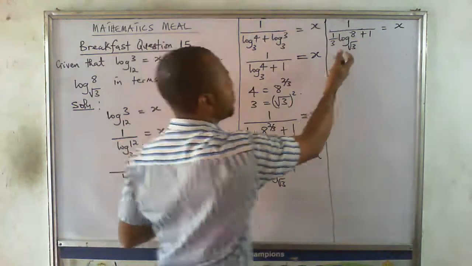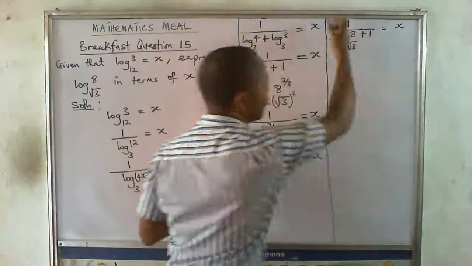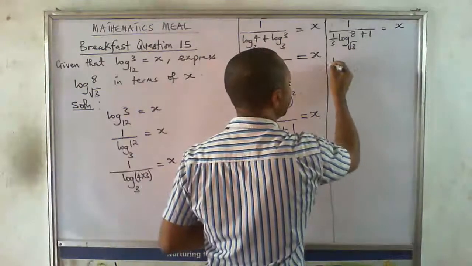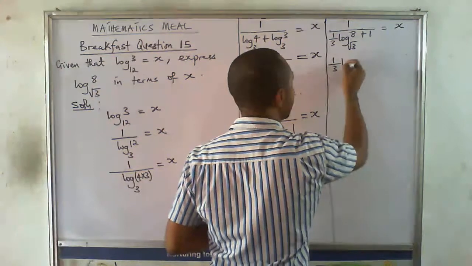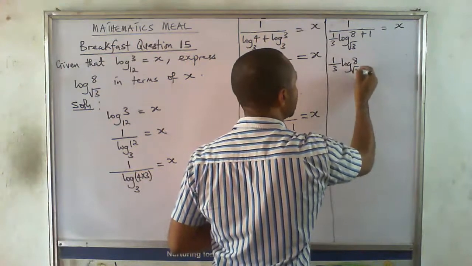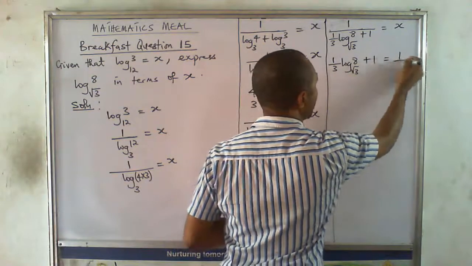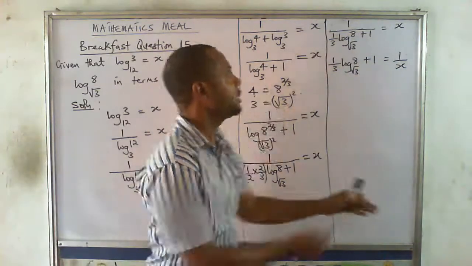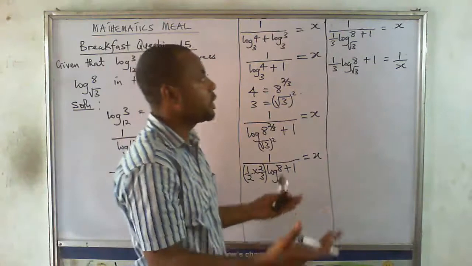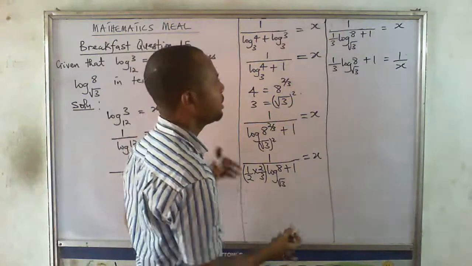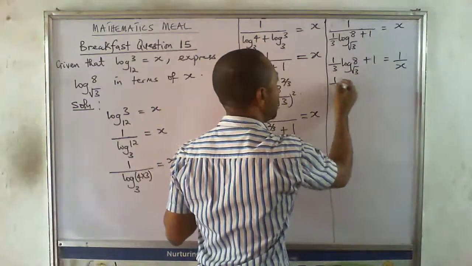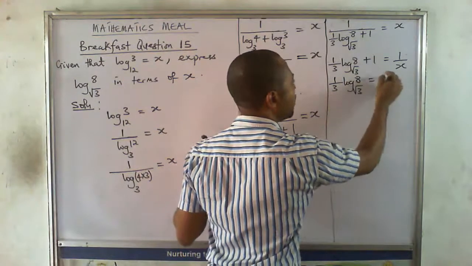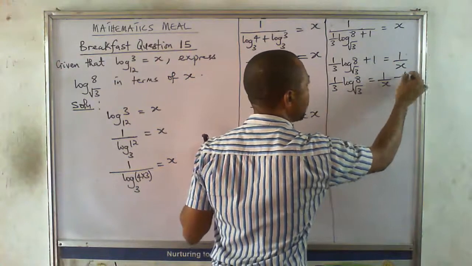Now if we do a transposition, clearing the fraction, I'm going to have that 1 over 3 log 8 root 3 plus 1 will give me 1 over x. When I invert this, I also invert that side, what they call cross multiplication. Then I can take this to this side. I have 1 over 3 log 8 square root of 3 will give me 1 over x minus 1.